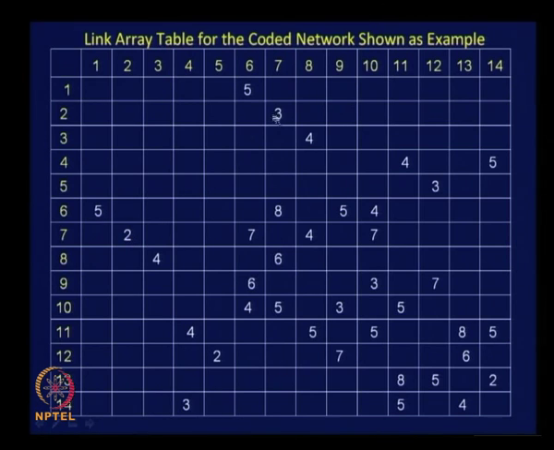Now we have number 3 here. This implies what? What is the first inference? There is a link connecting node 2 and node 7, and the travel time for movement from 2 to 7 is 3 minutes. In the other direction from 7 to 2 it is only 2 minutes.